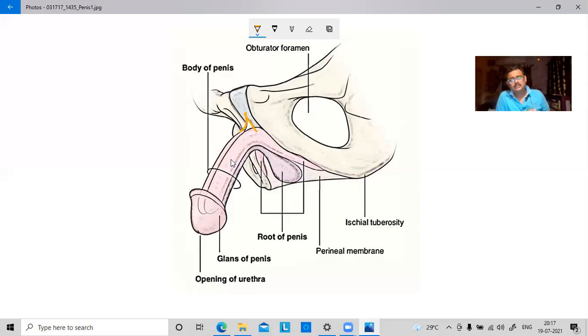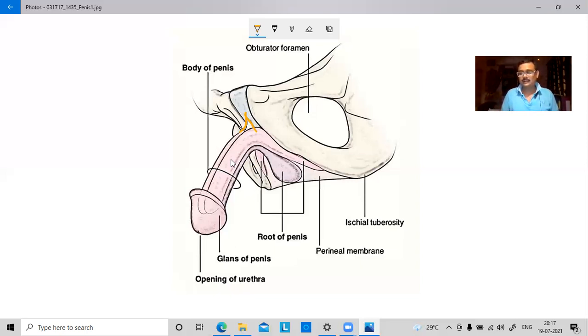This sympathetic supply is not only present on the penis, it also supplies the vas deferens, the seminal vesicles, the ejaculatory ducts and the prostate.